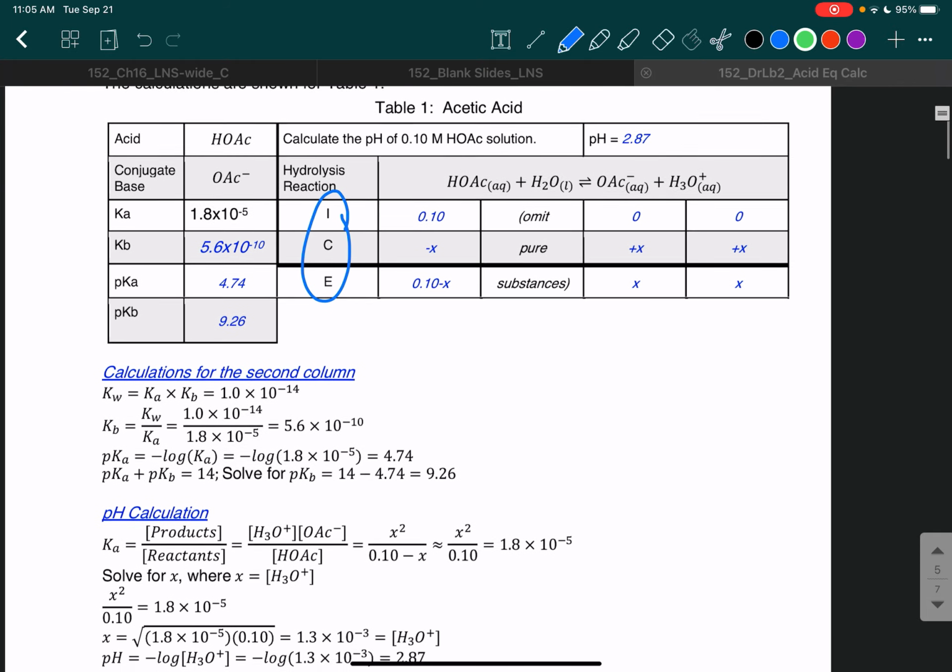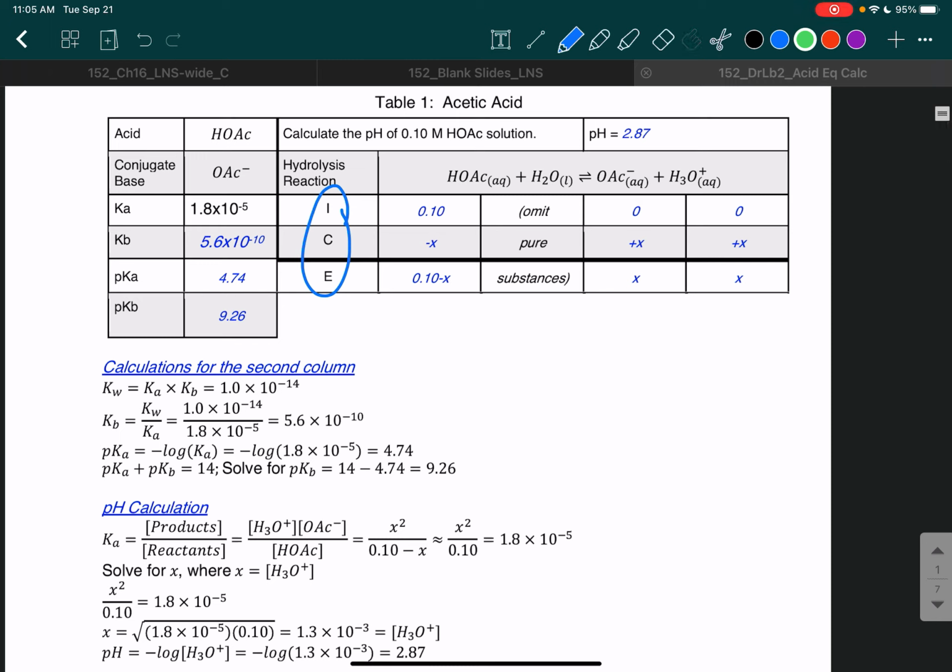So let's look at this one that is already filled out, okay? So you got to go through quite a bit of hoops to actually do the calculation. But really, the main point here is to calculate the pH of a given solution. That's what we're after.